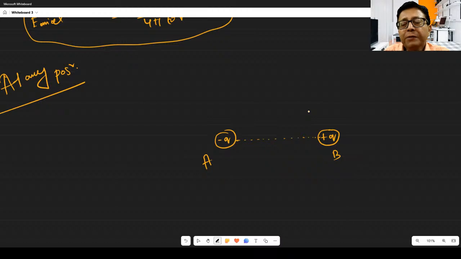But if the point C is somewhere like this, from the midpoint of this we are taking distance R. Then how do we account for the resultant electric field at this point C over there? How to find it?